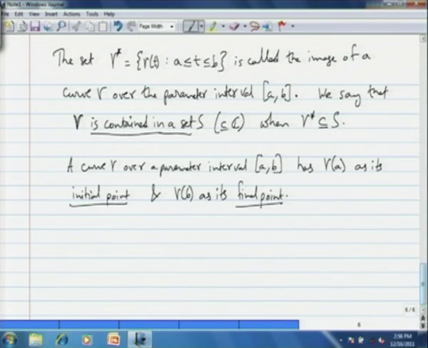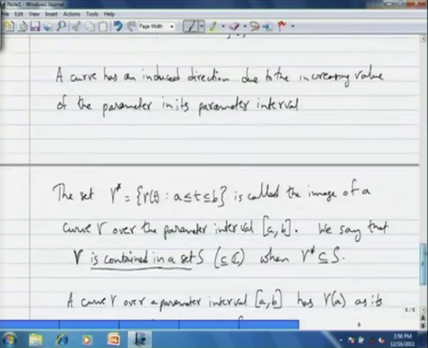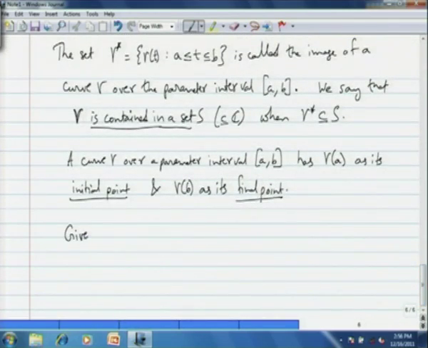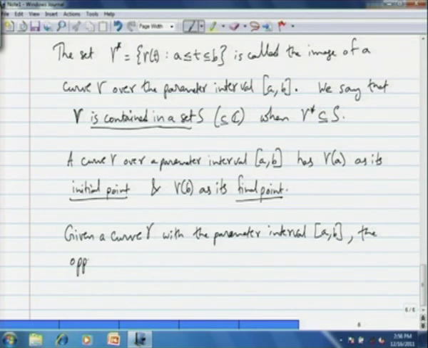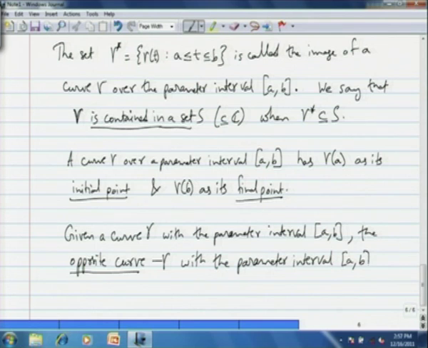And because there is an induced direction, given a curve gamma with the parameter interval a comma b, we call the following the opposite curve, and we denote it by minus gamma, with the same parameter interval.